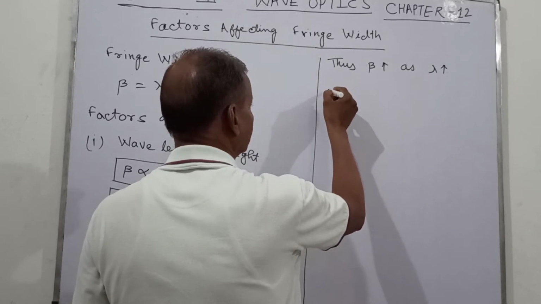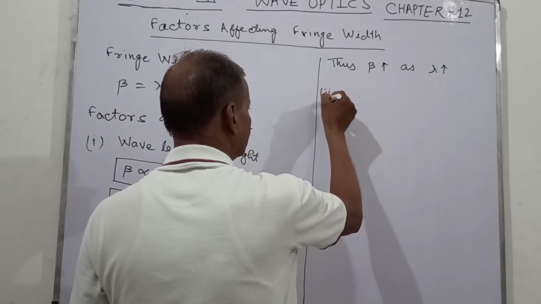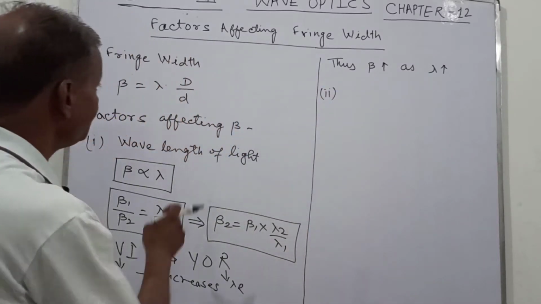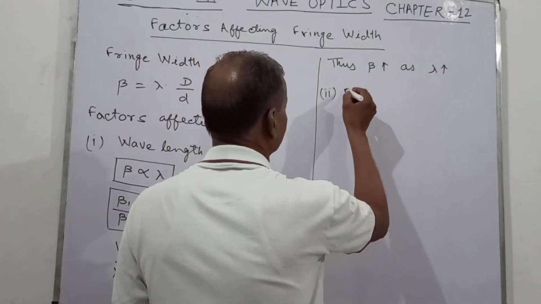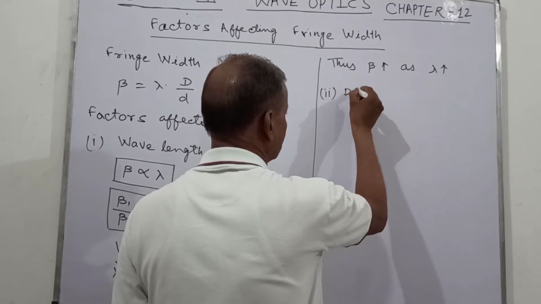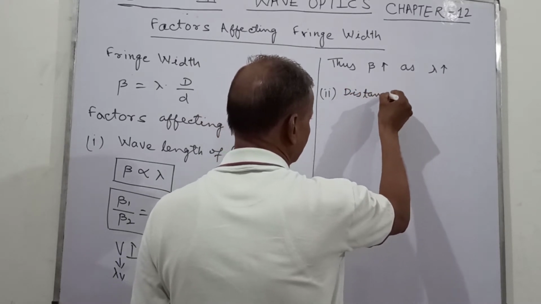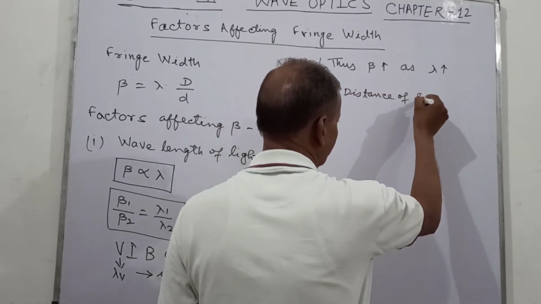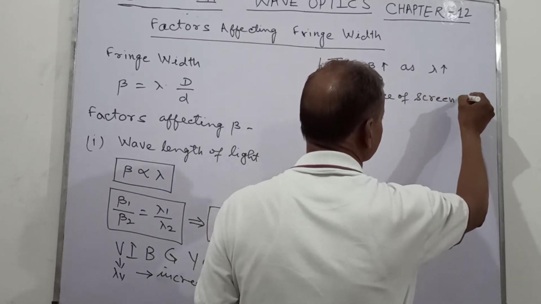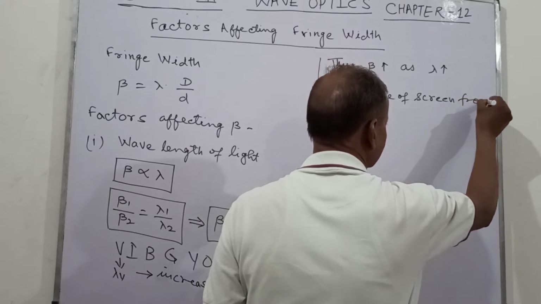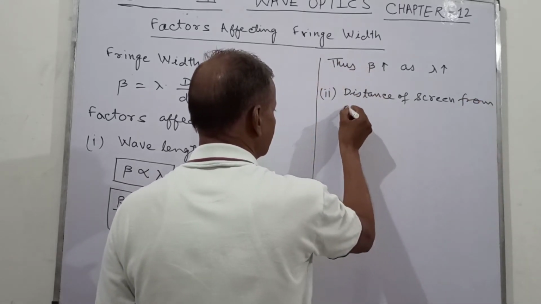Now second factor. Second factor is D, distance of screen from slits.